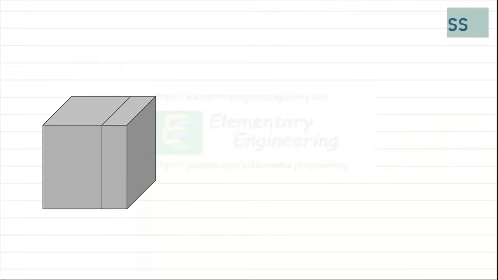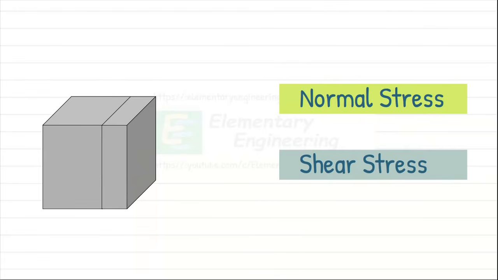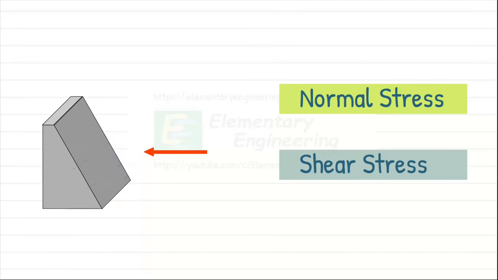Now, this is just one section, one vertical plane on which we calculated both normal and shear stress developed. But we can slice the bolt at some angle, say at 30 degrees or 45 degrees. Even though the external force on the element hasn't changed, the way the internal force acts on that surface becomes different.